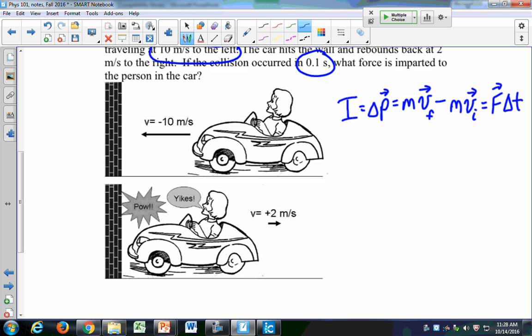All I've written here is delta p equals F delta t. Now I want to figure out what is the force. So the force is m times vf minus vi. I've just factored out that m, remembering that these are vectors, divided by delta t. My mass is 1,000.